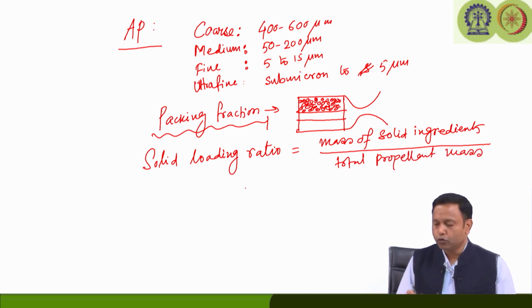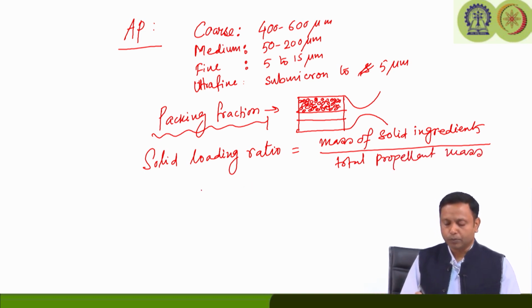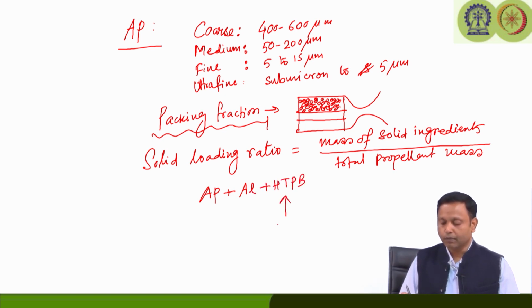This is very true for composite propellant, because composite propellant consists of ammonium perchlorate as the crystalline oxidizer, aluminum particles as fuel, and a rubbery polymer as the binder. Okay. So, this is essentially the binder, this is the fuel, and this is essentially the crystalline oxidizer.